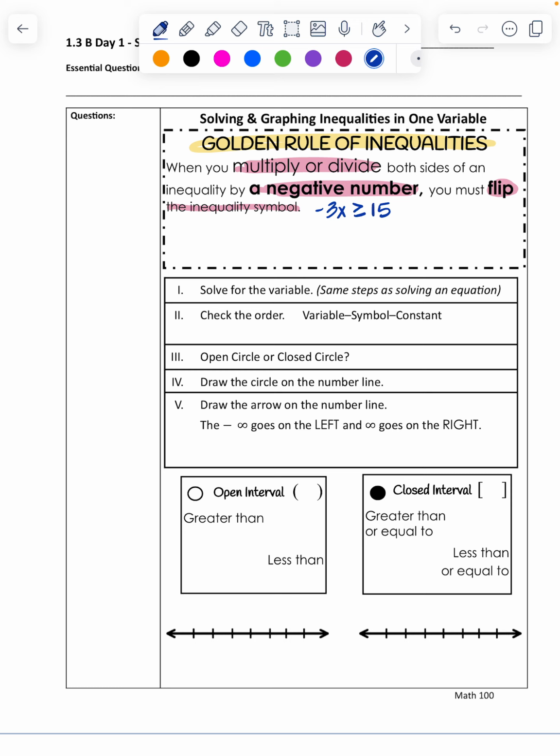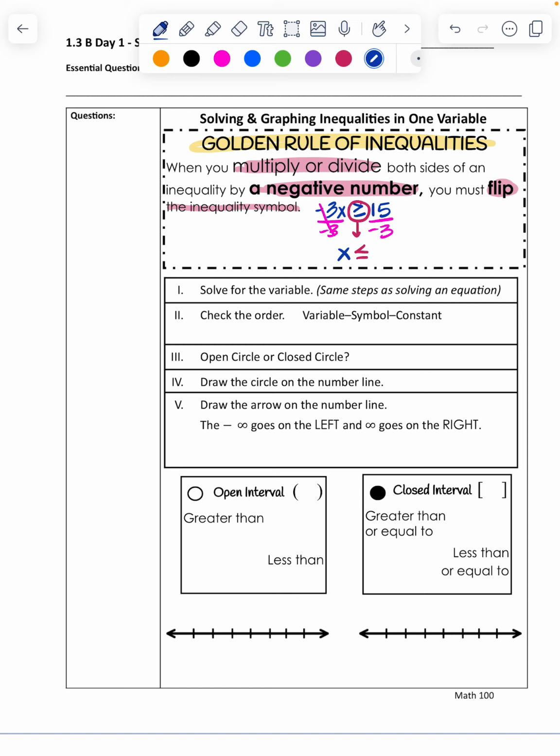I need to divide by the coefficient, which happens to be a negative number. So I'm going to divide both sides by negative 3. Now, when I write my answer, because I divided by a negative number, my inequality symbol has to flip the other direction.